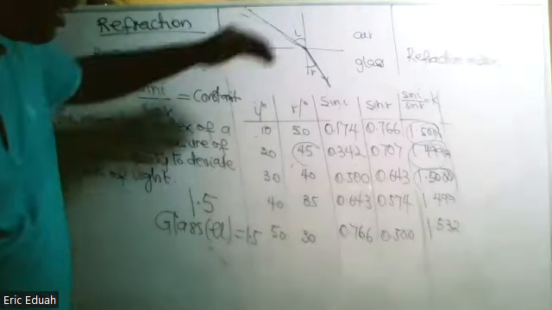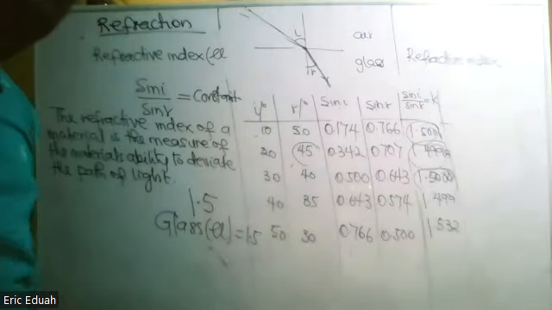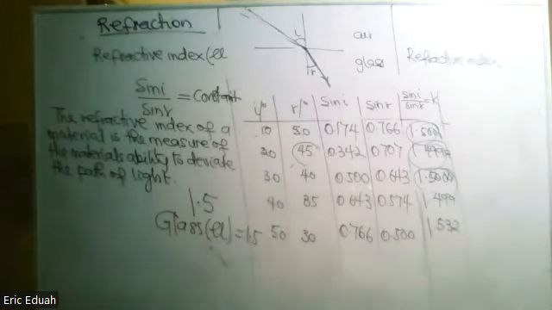So please, if you take air and glass, because you have different densities which are constant, they would give you a constant, maybe another experiment of air to glass.